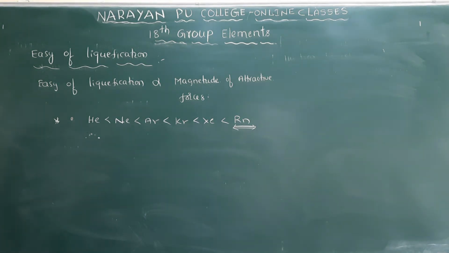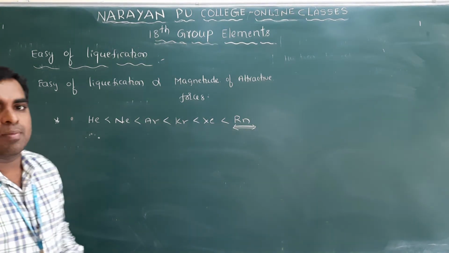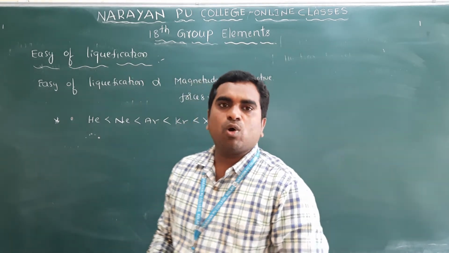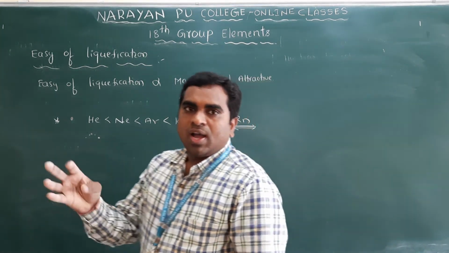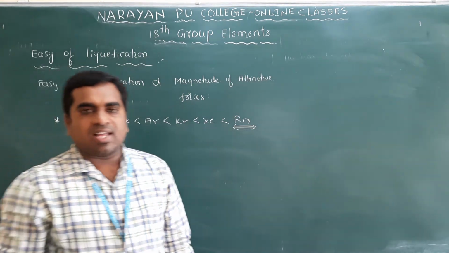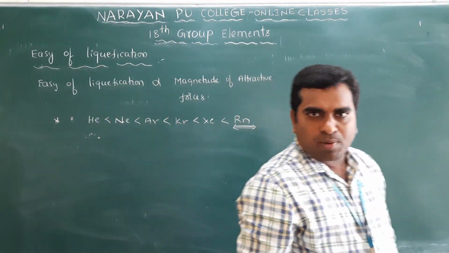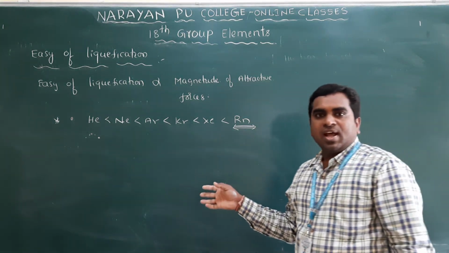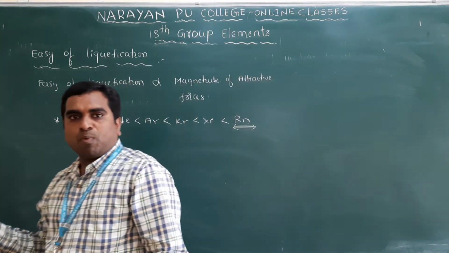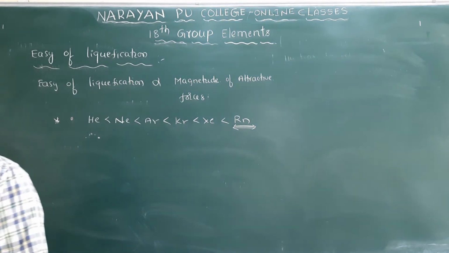Next we will go for chemical properties. Physical properties we have completed: atomic radii, ionization enthalpy, electron gain enthalpy, monoatomic nature, melting and boiling points, and ease of liquefaction.